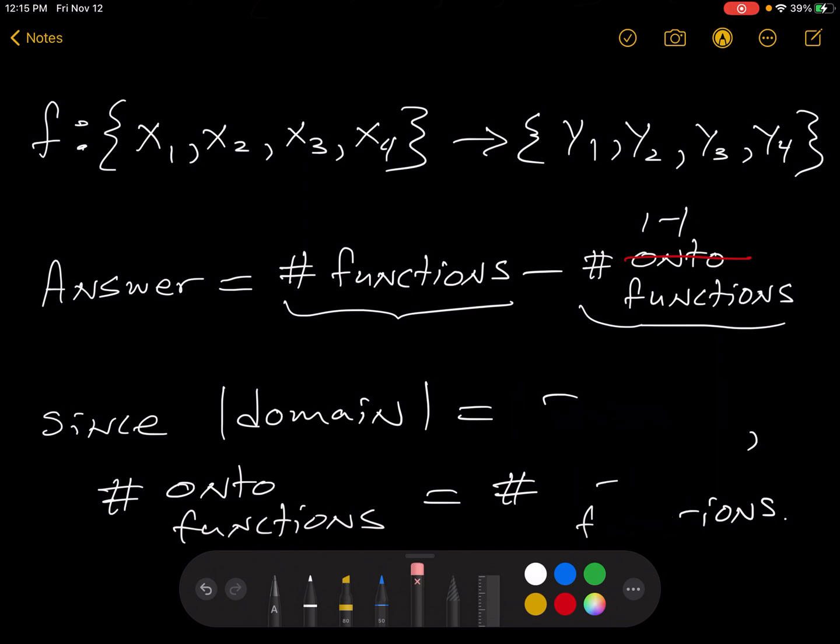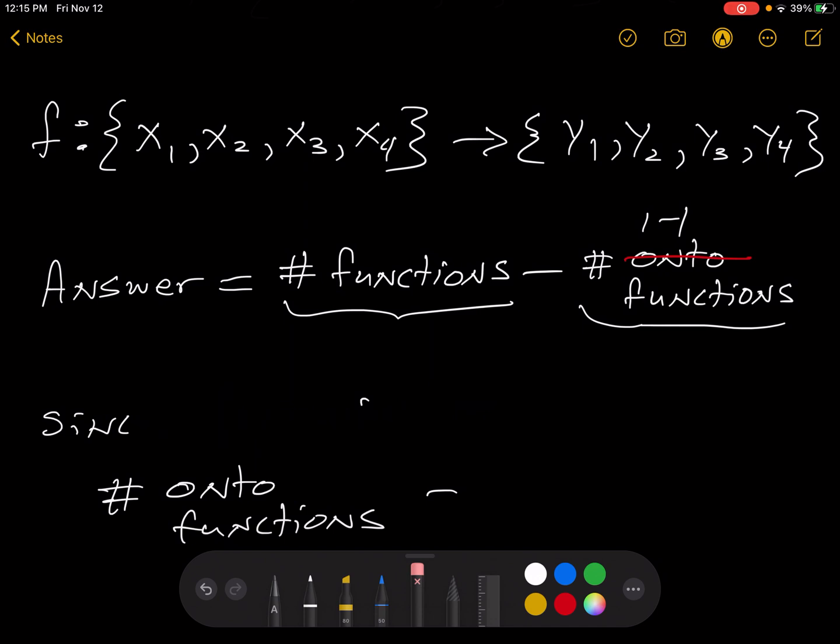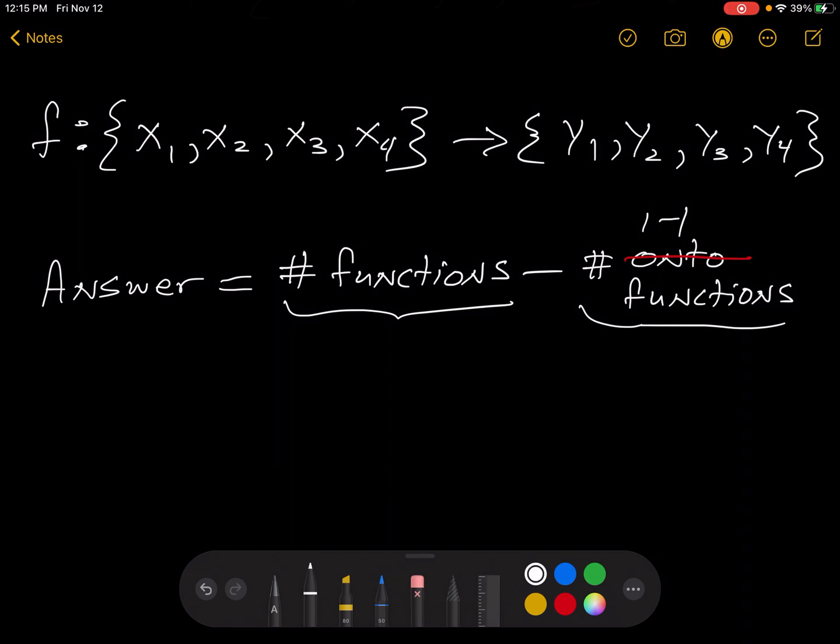Let me show you a way to go about doing this. So first, let's look at the number of functions. Think of it as a table, domain and target.